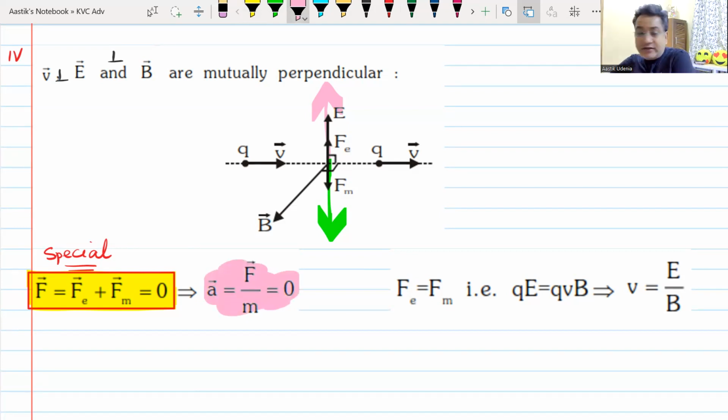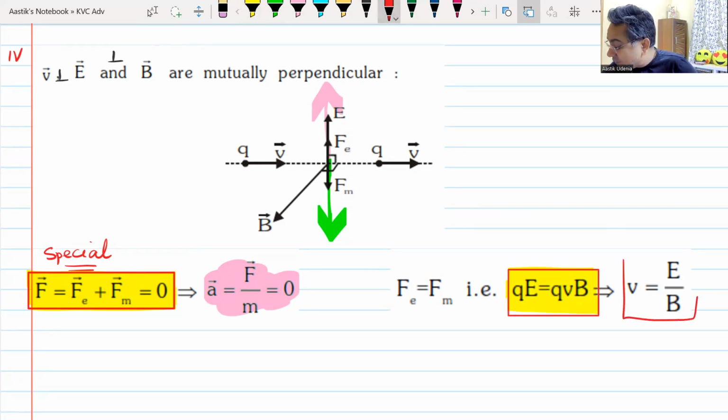That means the electric force, which in this case is upward, is cancelling out the magnetic force which is downward. So you get Q into E is equal to Q into V into B into sine of 90, or you get the velocity of the particle equal to E by B. And this is a very peculiar case.